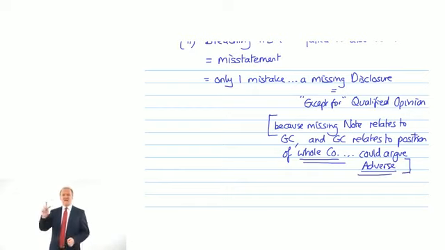And say that without that one note, it totally changes what the shareholders would think about the company. If they didn't know that this customer had been lost, it would totally change their view. And you could see an argument for that.